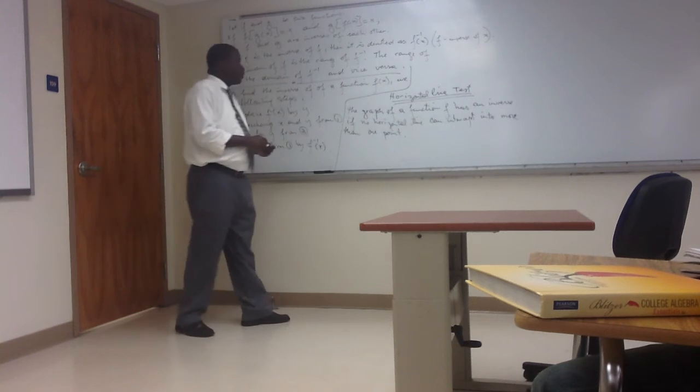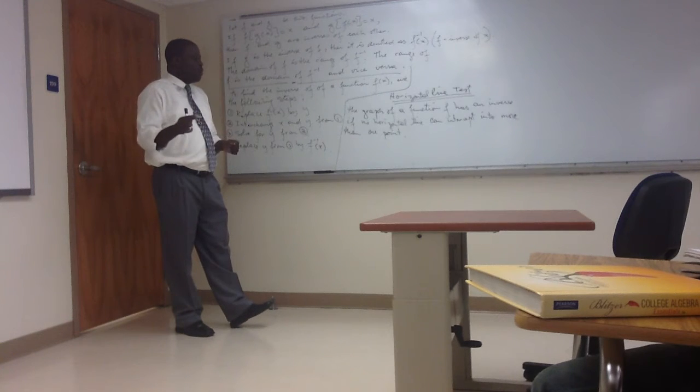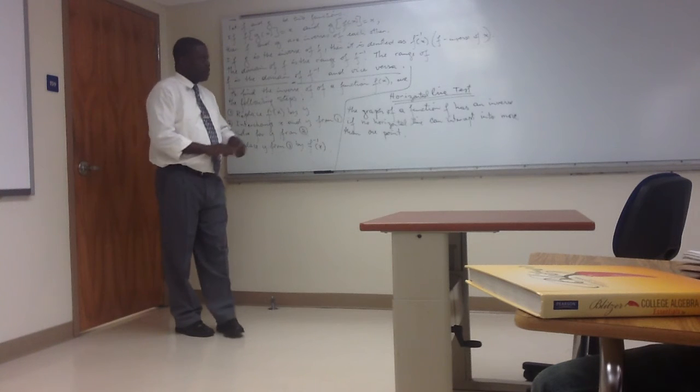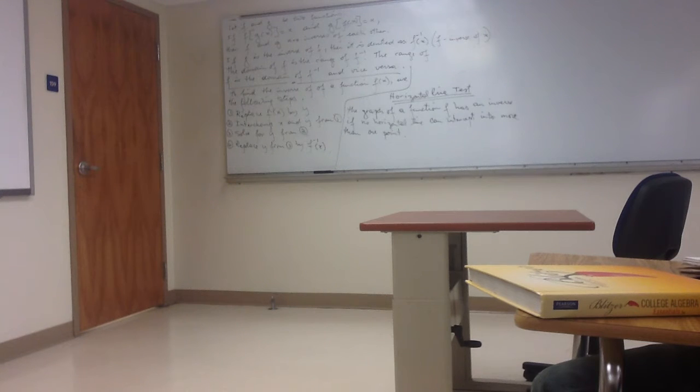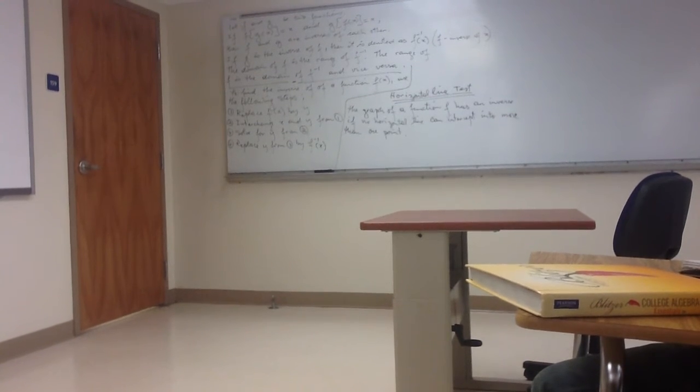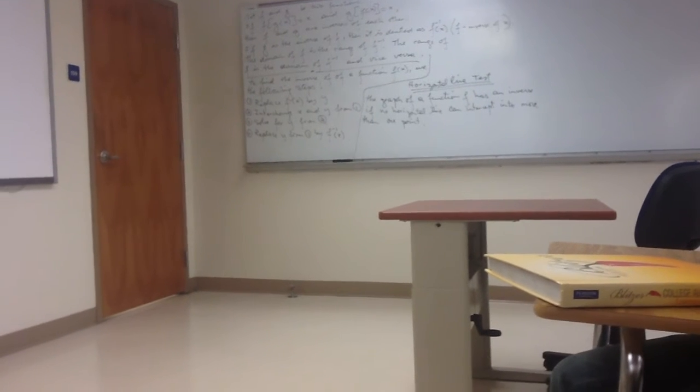If you cannot find a horizontal line that would cross at 2 points or more, at more than 1 point, you say, well, that graph has an inverse. And we'll leave that to the exercises. Okay. So let's look at the exercise from that set.